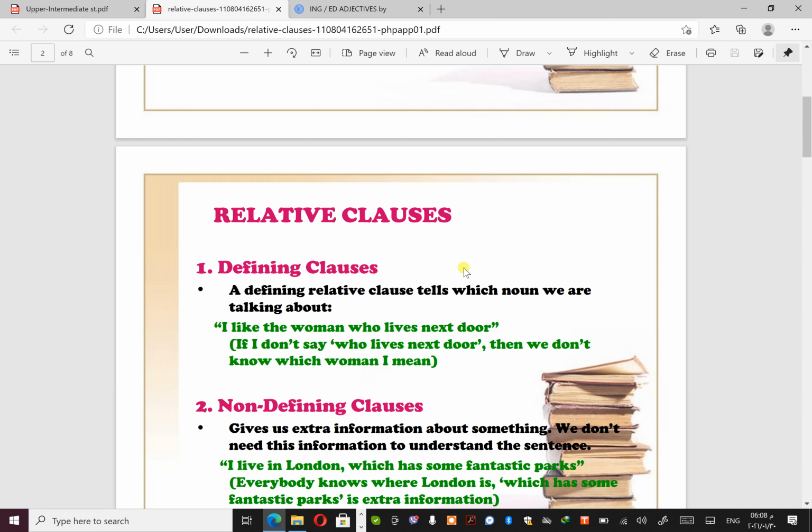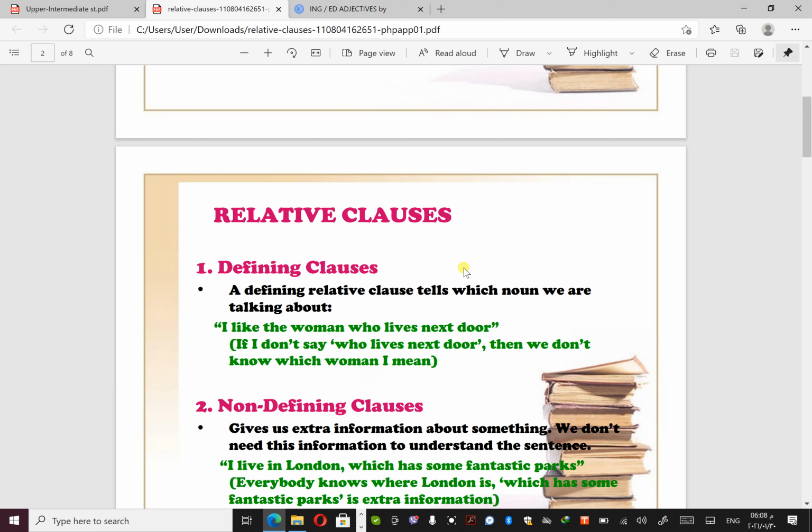We have defining clauses and non-defining clauses. But before that, what do relatives mean? Basically, relative clauses use words that are also question words, but here they are not question words. Here they are used as pronouns.